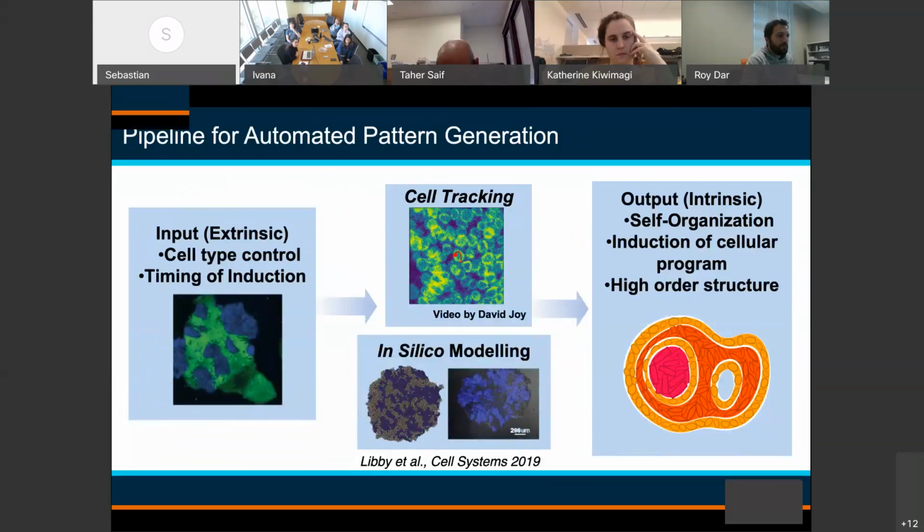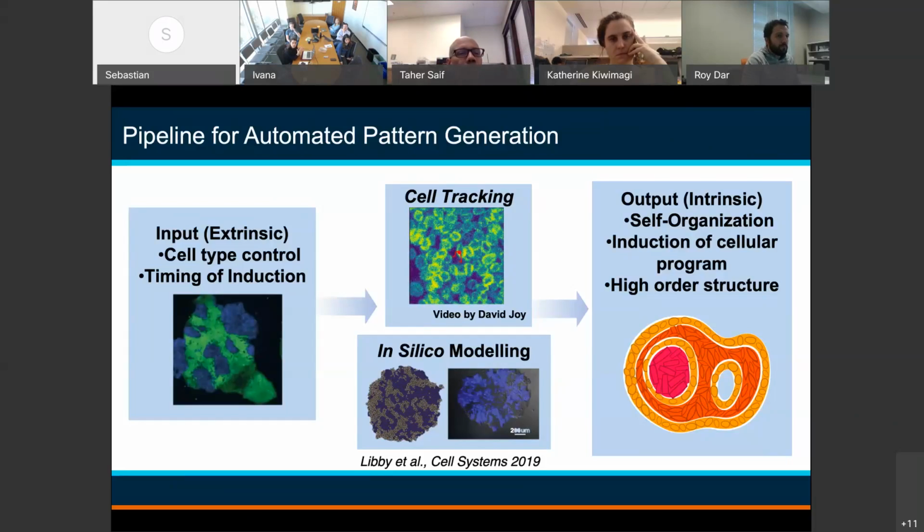So the idea is to use this platform with cell tracking and modeling to essentially predict what inputs would be required to create these high order desirable structures. A paper recently came out of our lab, with Ashley Libby and David, who's here with me right now, in collaboration with the Delta Lab, who will be presenting next, to try to predict, for example, if you control which cell types and timing of induction, then you can have more complicated patterns form.